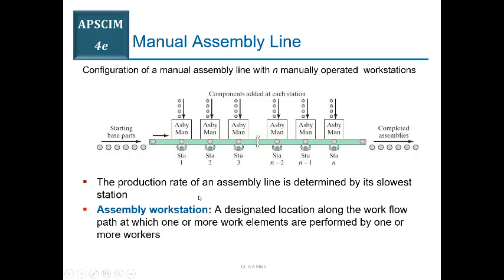The production rate of an assembly line is determined by the slowest workstation.